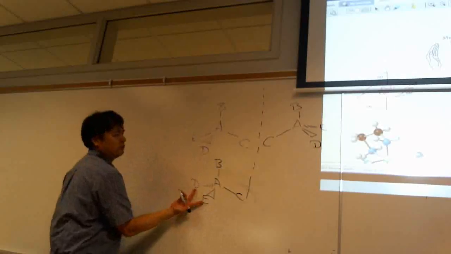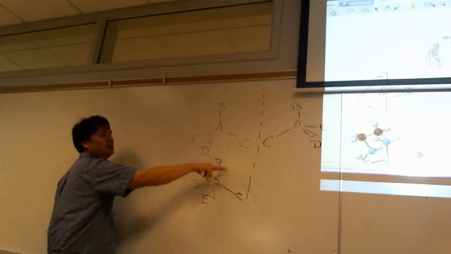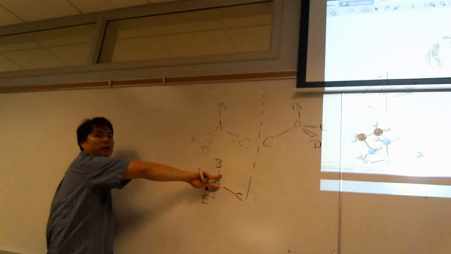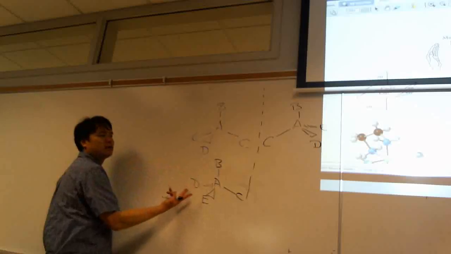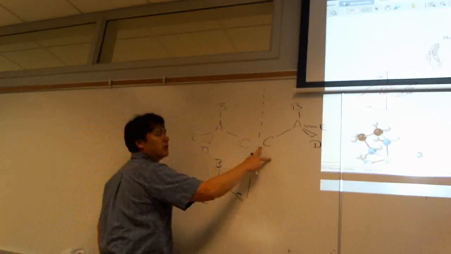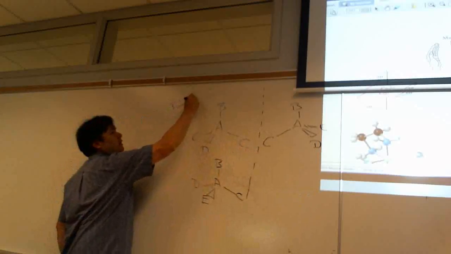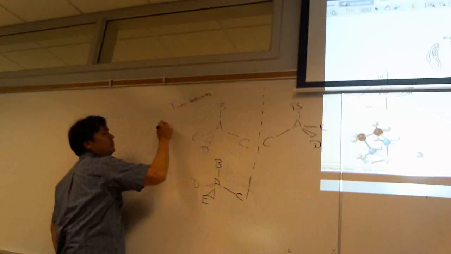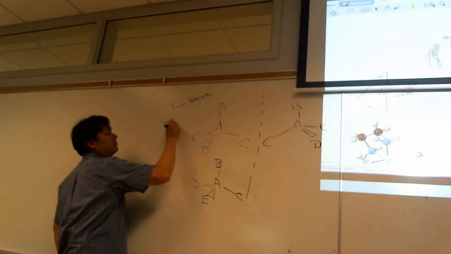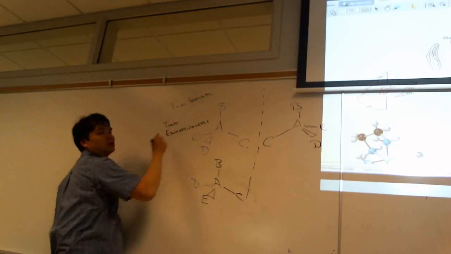And then if I try to flip this so that D and E match, then B and C are going to be screwed up. And so there's no way to rotate this so that they superimpose, so that means these are two unique structures. And so the answer is two isomers. And if you want to name them, we call these two enantiomers, or two optical isomers.